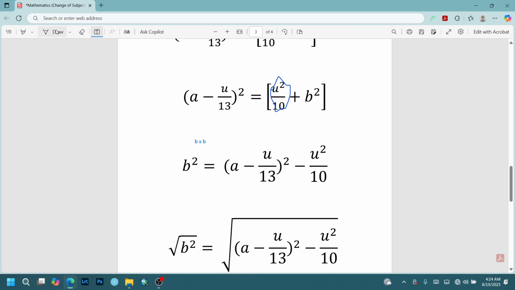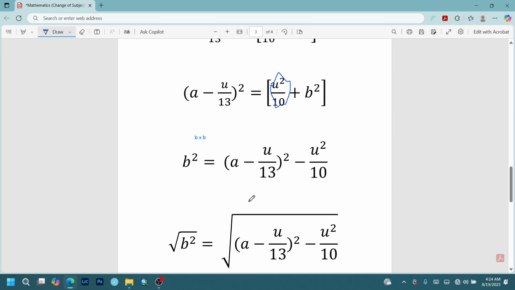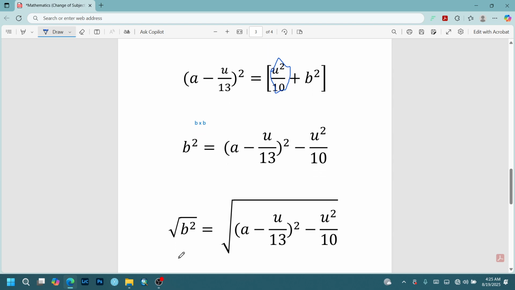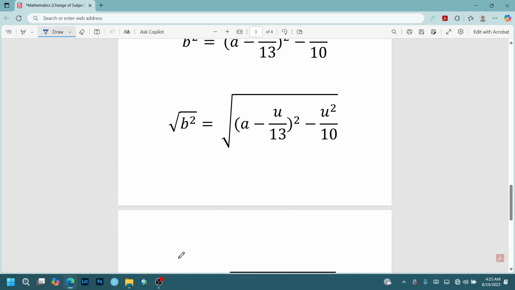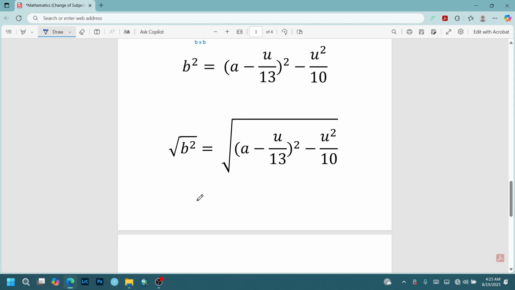We are going to have our new equation to be the square root of B squared equals the square root of, in brackets, A minus the fraction U over 13, squared, minus U squared over 10. So we are going to do some cancellations.